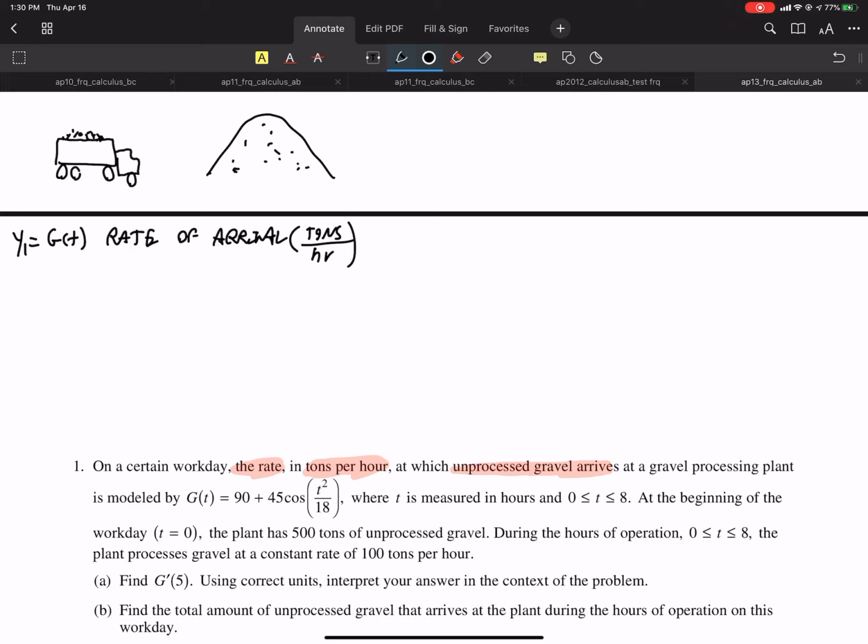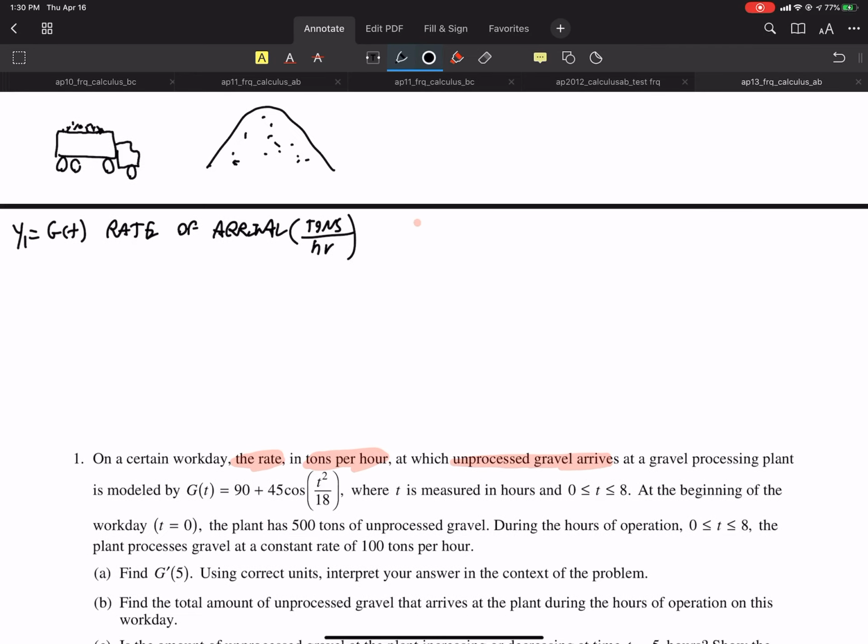Then let's keep reading what's happening. At the beginning of the workday, the plant has 500 tons of unprocessed gravel. So when T is 0, now we don't have a variable for the amount of gravel. So I'm going to do this. A equals 500 tons.